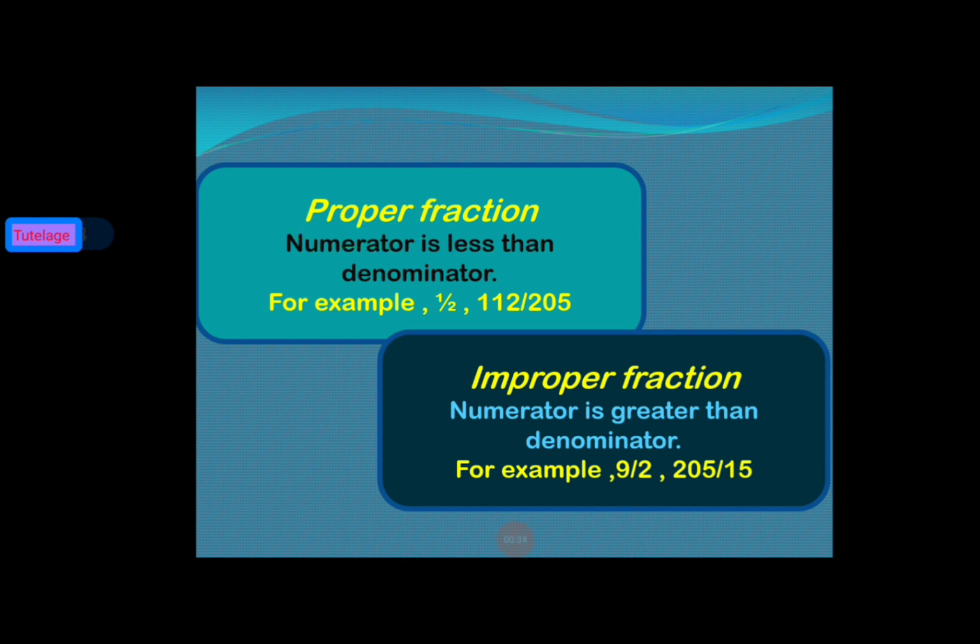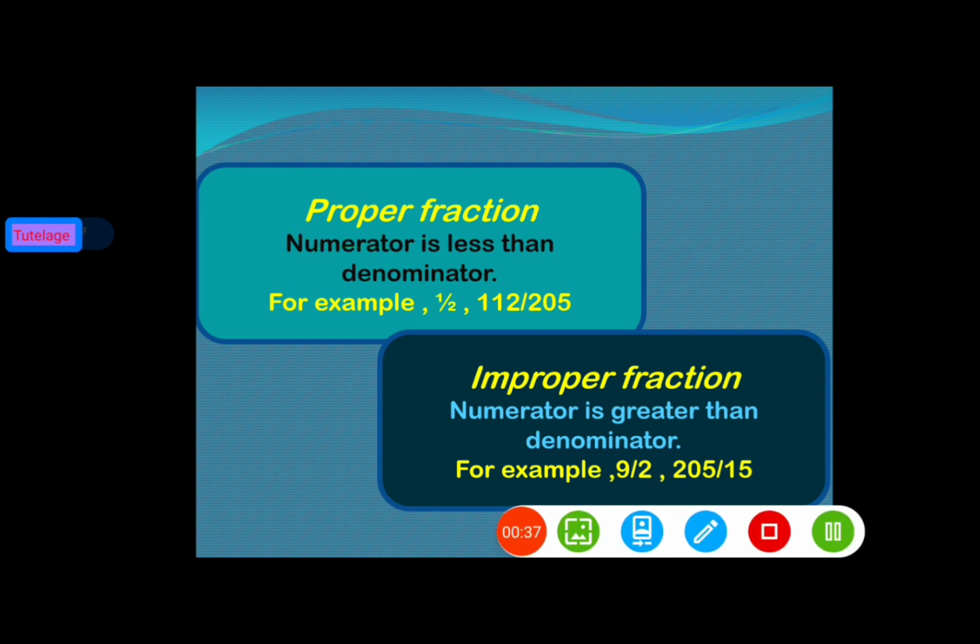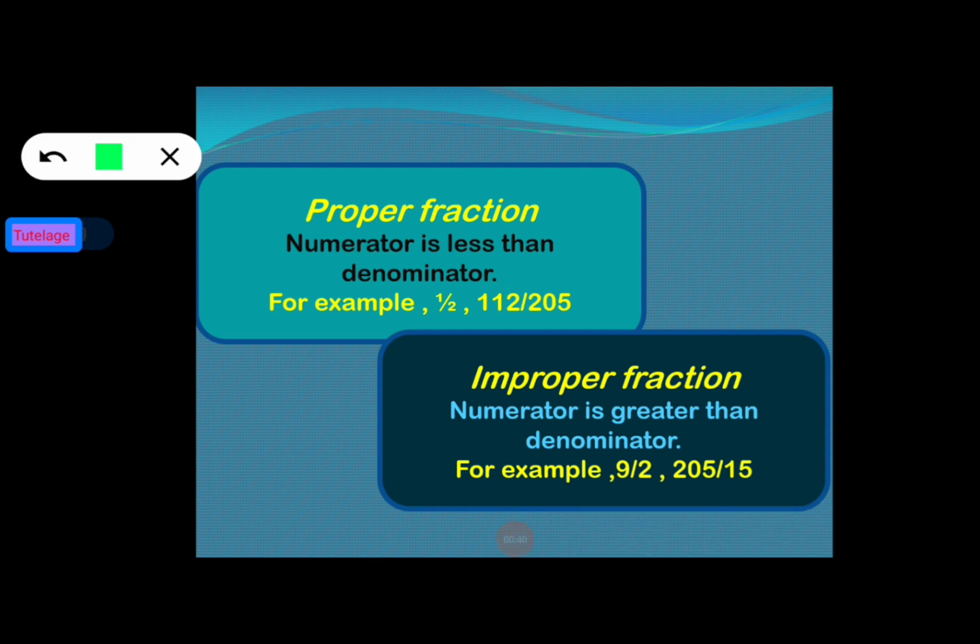A proper fraction is a kind of fraction where the value of the numerator is less than the value of the denominator. Here is an example of a proper fraction: 112 by 205. 112 is the numerator and 205 is the denominator, and the numerator 112 is less than the denominator 205.